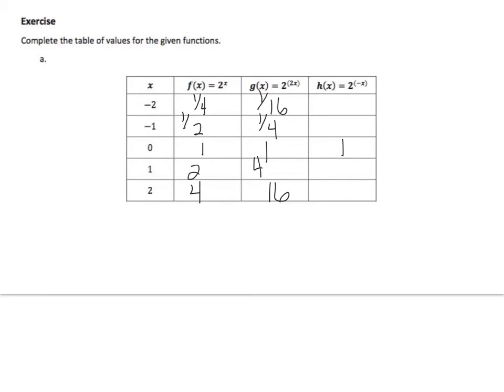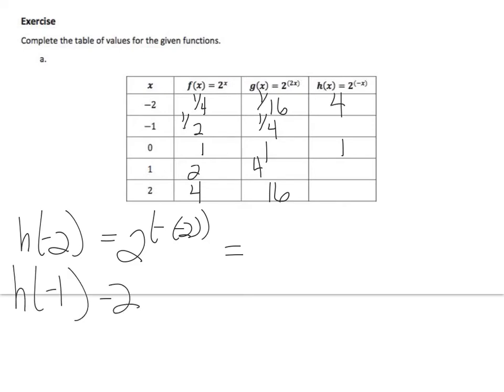Okay, now we have 2, oops, it's h. So h of negative 2 is 2 to the negative negative 2, which is 2 to the second, which is 4. H of negative 1 is 2 to the negative negative 1, which is 2 to the positive 1, which is 2.